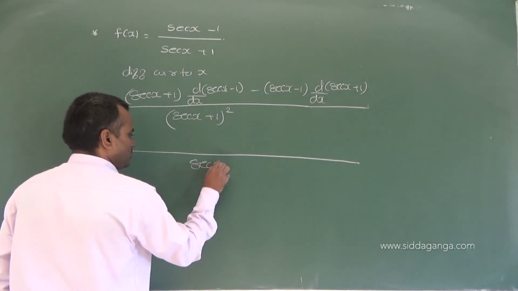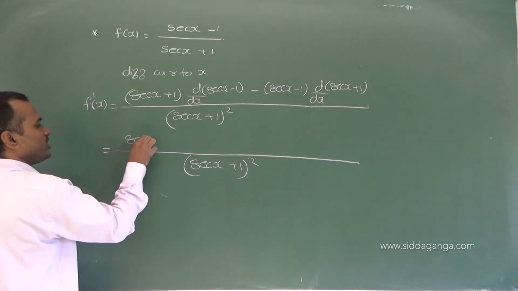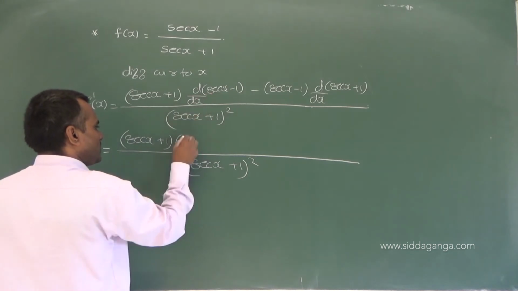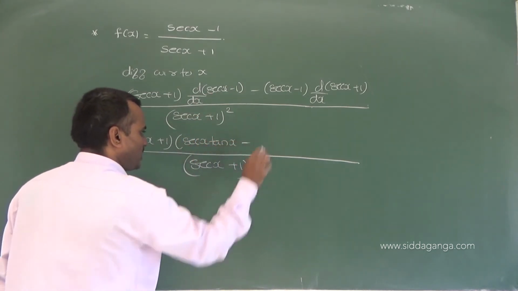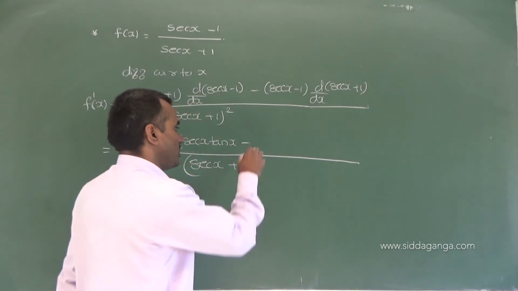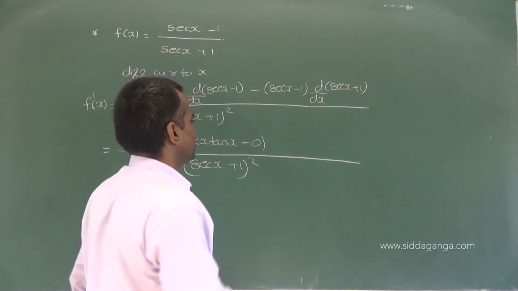Secant x plus 1 whole square. Secant x plus 1 into derivative of secant x, which is secant x into tan x, minus, what about the derivative of 1? Derivative of 1 is 0. Why is it 0? Derivative of a constant is 0.